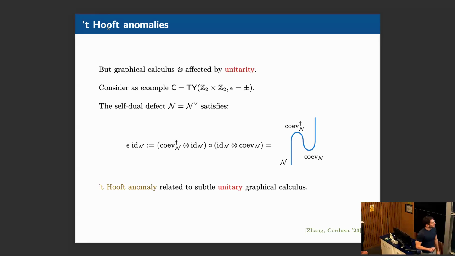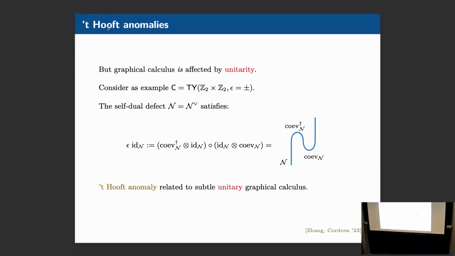And what you find is that this is not always equal to the identity, but in general is equal to the identity up to this Frobenius-Schur indicator. And this is precisely telling you that your unitary graphical calculus can be a bit subtle and can hold information about the anomaly.